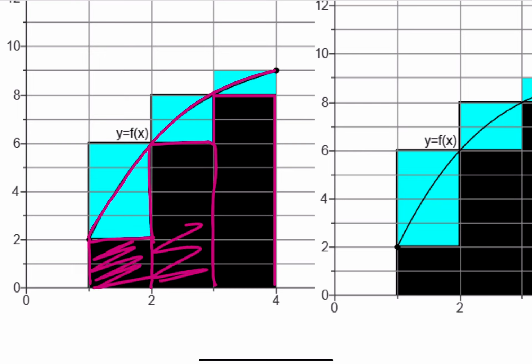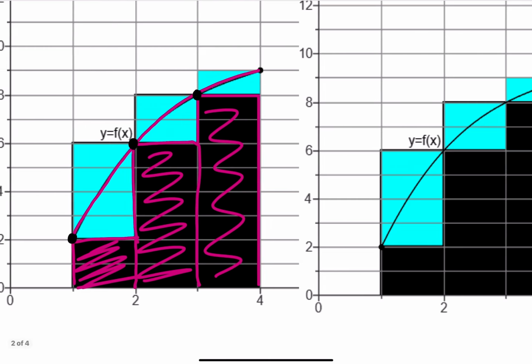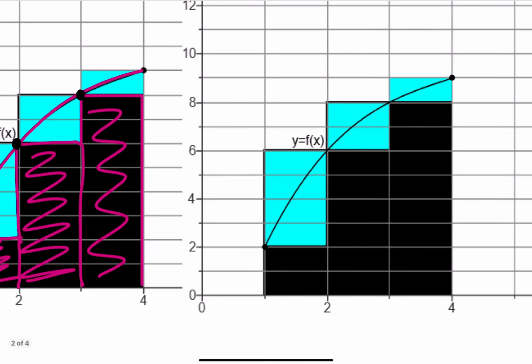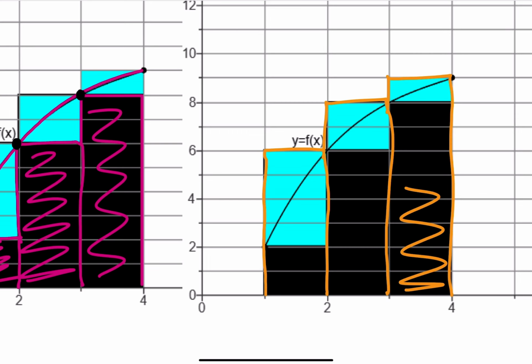Now because the function value is on the left-hand side, this is my left area. Now I have the same one, and I can find the area by forming the rectangles again: 1 rectangle, 2 rectangles, and 3 rectangles.